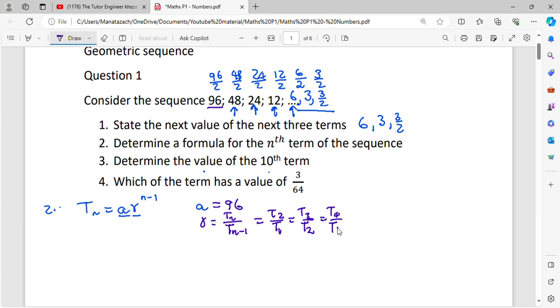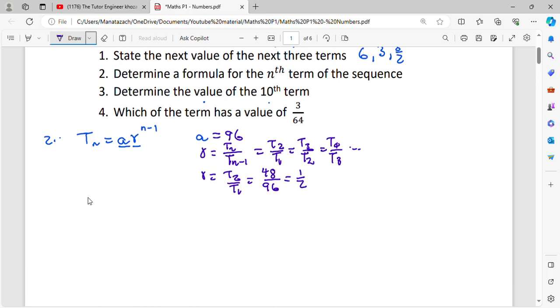So in our case, r is equal to T2 divided by T1. T2 is 48, and T1 is 96. That means r is 1 over 2.